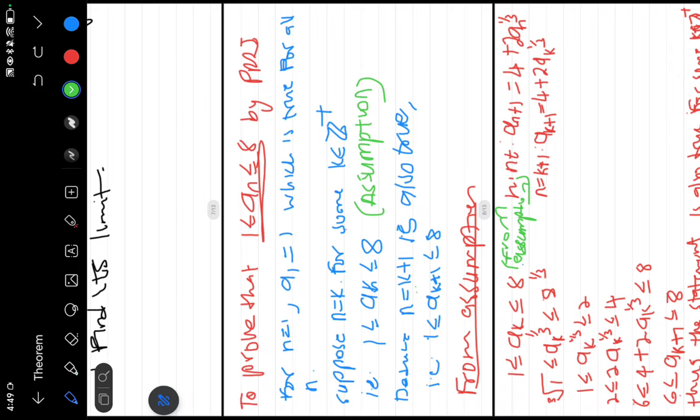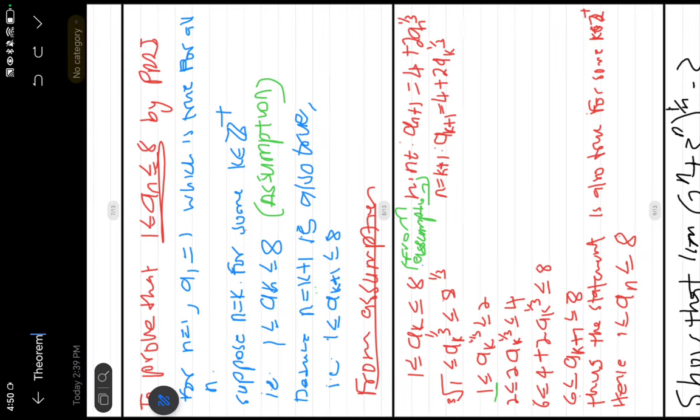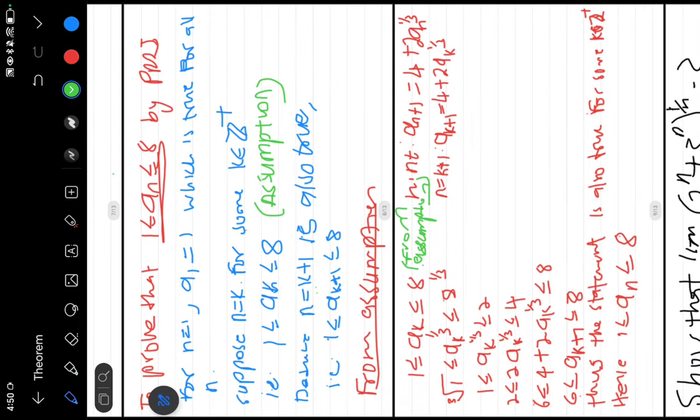Then after having that, I simplified, and this will be the solution for this. Next I need to multiply a of k to the 1 over 3 by 2. I did it also on the left hand side, here and here. Next I need to add 4. So I added 4 on the left hand side: 2 plus 4 is 6.